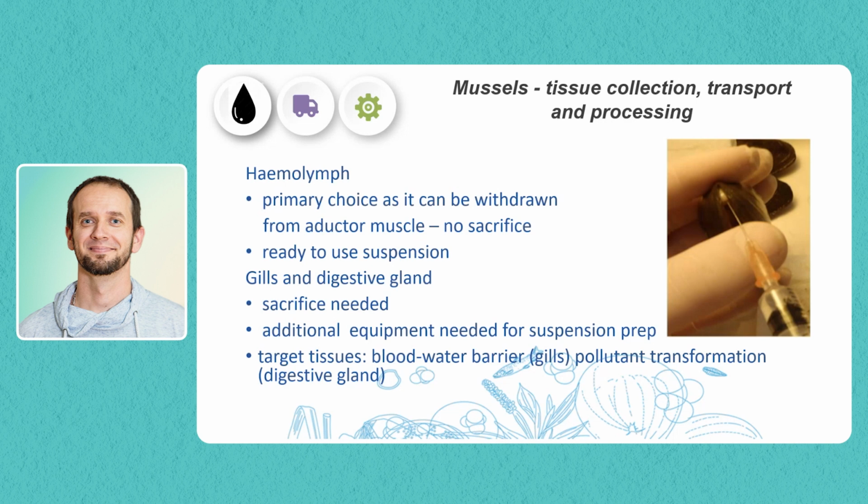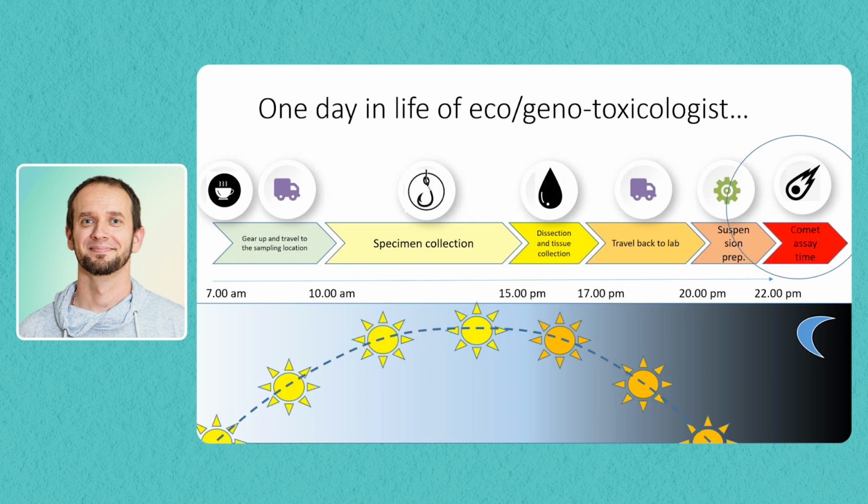You can directly use it for the Comet Assay, and we are also using gills and digestive gland. Again, you need to sacrifice the animals to collect this tissue, and you need additional equipment for preparation of your suspension. They are good target tissues because gills are a blood-water barrier, and in the digestive gland you have transformation of the pollutants.